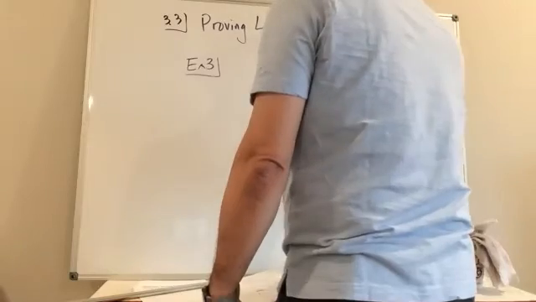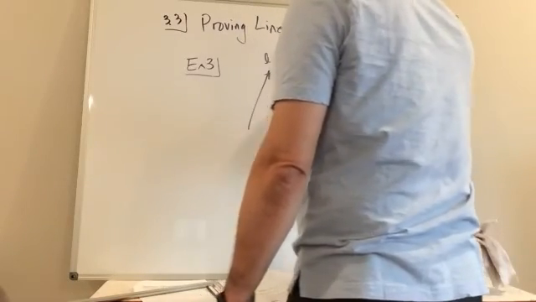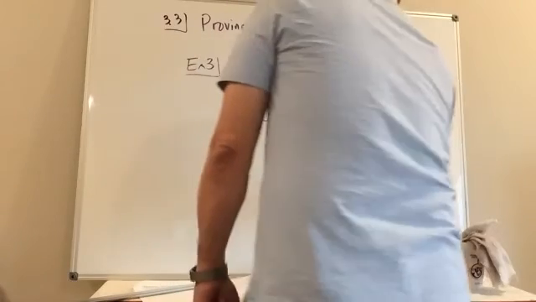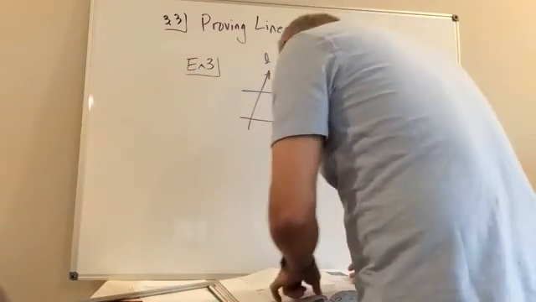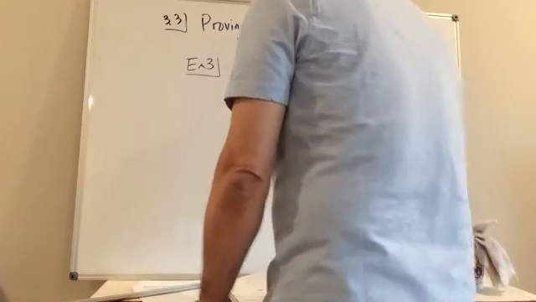So we have L and M, and we have been told that they are parallel. And then we have P and R, and we are given angles 1, 2, and 3.